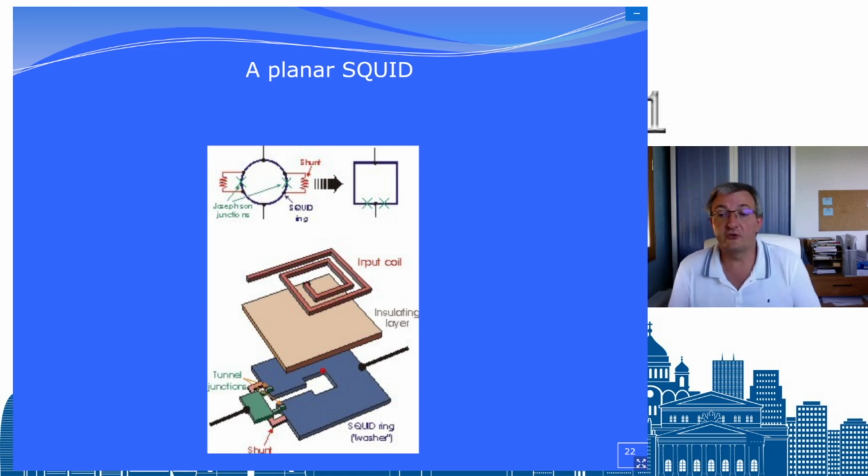So what you do is transformers. Here you have a low inductance because it's a thick plate. We call it a washer. It has a low inductance. You have the insulator here, and on top of that, you deposit a spiral coil. This one has a high inductance. This one can capture a lot of field, and it will focus it inside this low inductance.